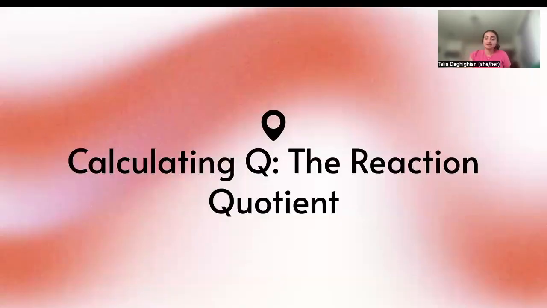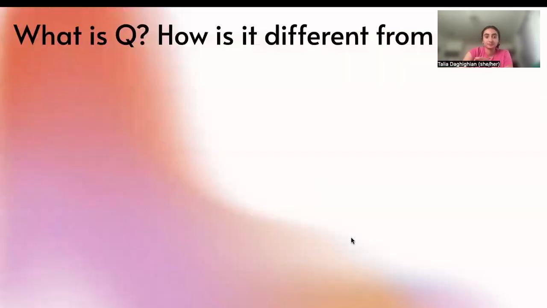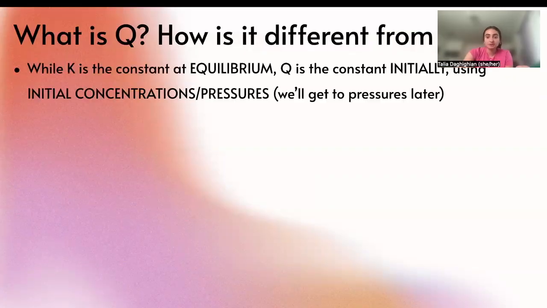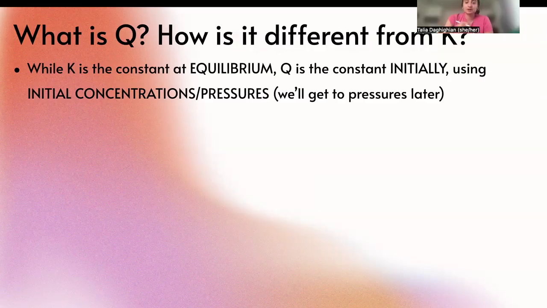All right, so like I said, today we're going to be talking about calculating Q, the reaction quotient. So to give you a little bit of information about what Q is, I mentioned earlier how Q is similar to K. Q is basically the same as the equilibrium constant, but it uses initial concentrations or initial pressures.